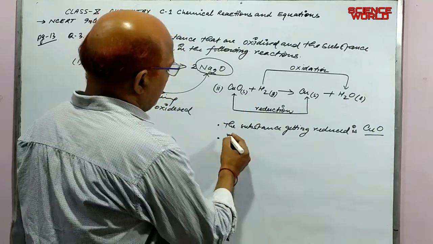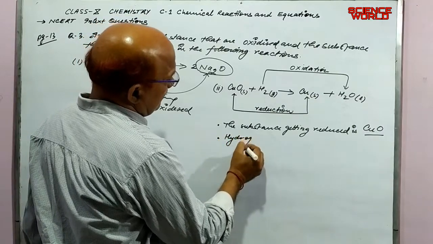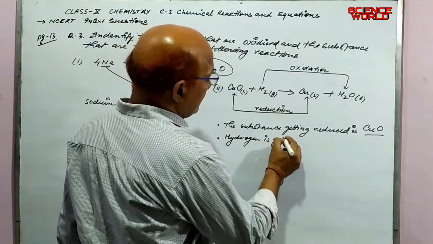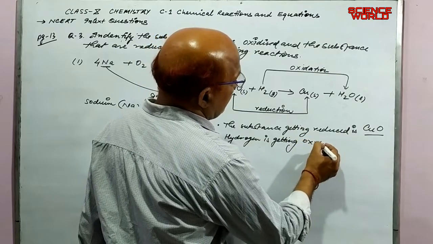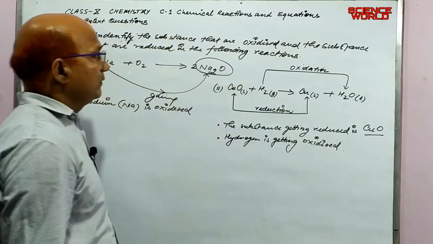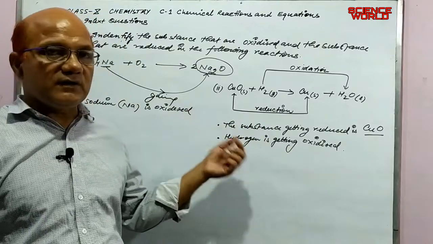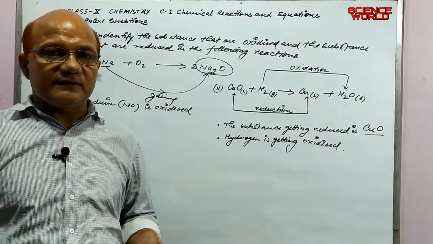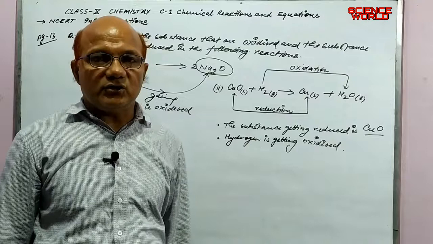So, hydrogen is getting oxidized. Okay. So, in this reaction, the substance which is getting reduced is copper oxide, and the substance which is getting oxidized is hydrogen. Now, take a screenshot of it.